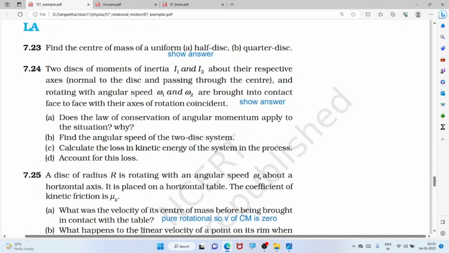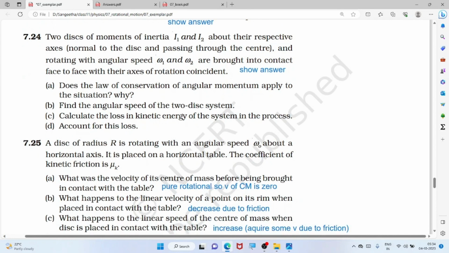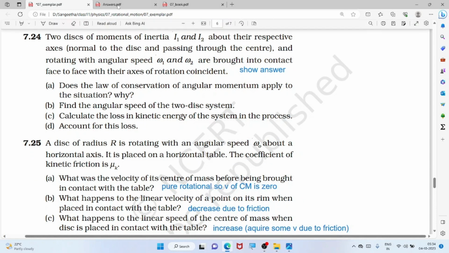Two disks of moment of inertia I1 and I2 are rotating about their respective axes normal to the disks, with given angular speeds, and are brought in contact along the axis of rotation. Does the law of conservation of angular momentum apply in this situation?